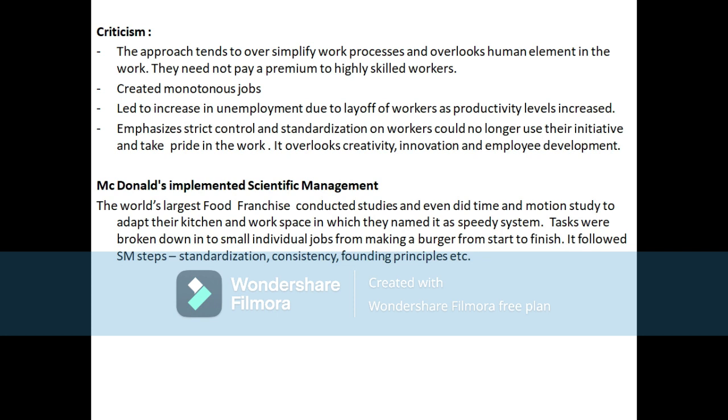So for example, if we take McDonald's scientific management, they have a propounding principle that franchise owners are not allowed to make their own decisions. So this is a standardization approach, and it is a propounding principle also.